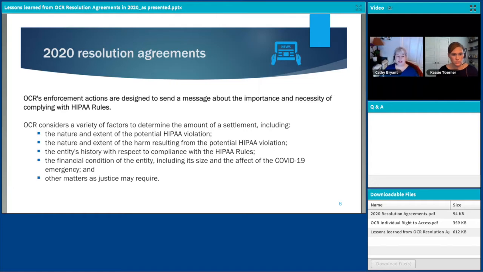Have you had an investigation before? Are you reporting multiple breaches? They also consider the financial condition of the entity, and they have added a special clause about the effect of COVID-19 on practices. And then there may be other matters of justice that are required.